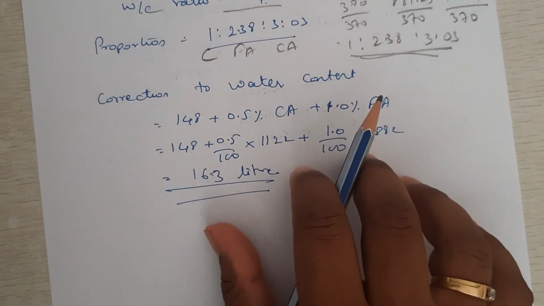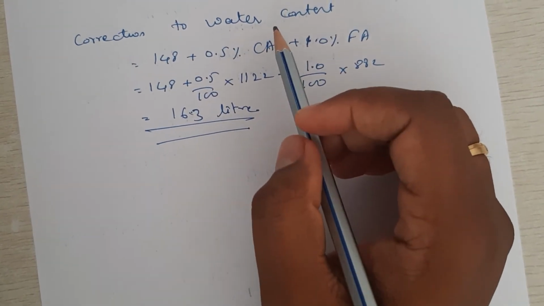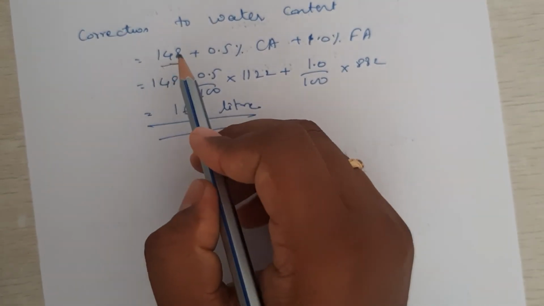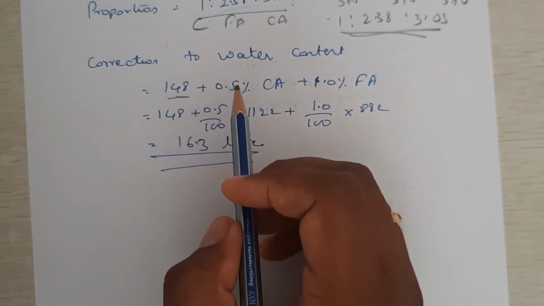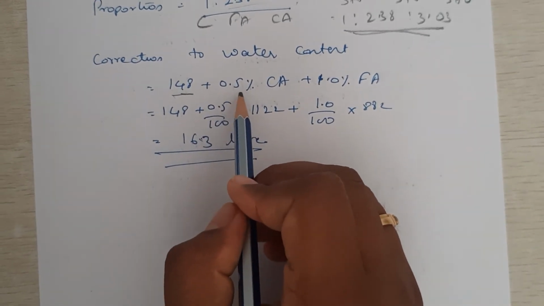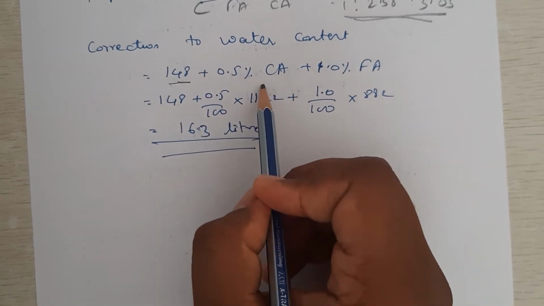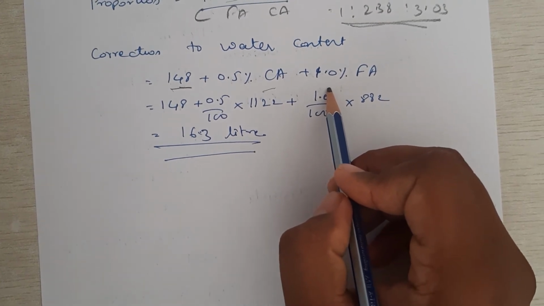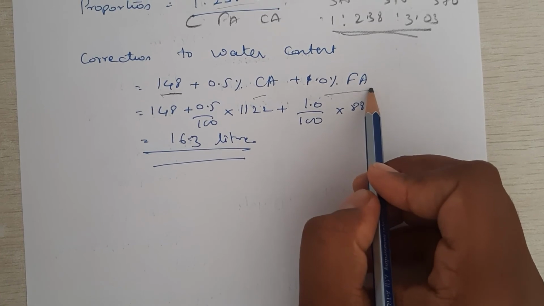Since we have water absorption by the coarse aggregate and fine aggregate, the correction for the water content will be calculated. We have already calculated that 148 liters is required, right? For this 148 liters, the coarse aggregate will absorb 0.5% of the total weight of the coarse aggregate, and the fine aggregate is going to absorb 1% of the total weight of the fine aggregate.